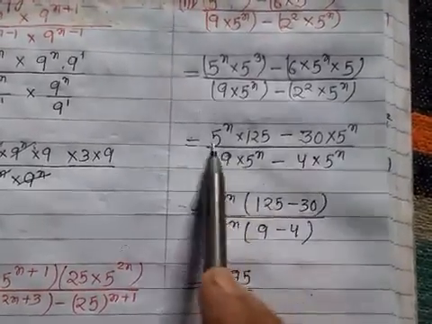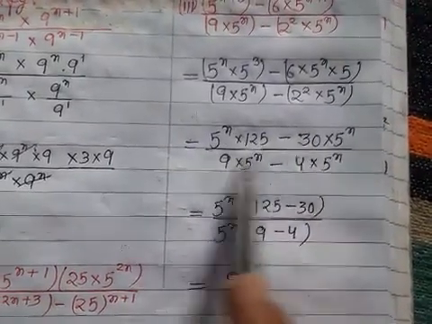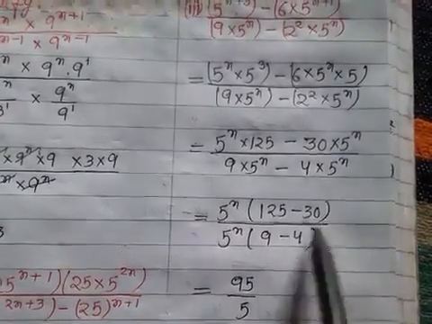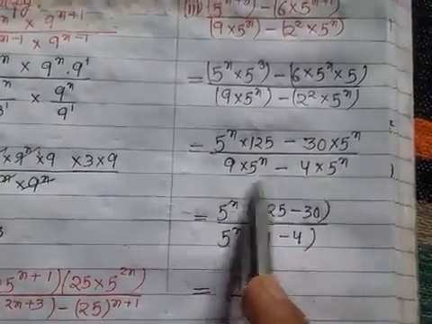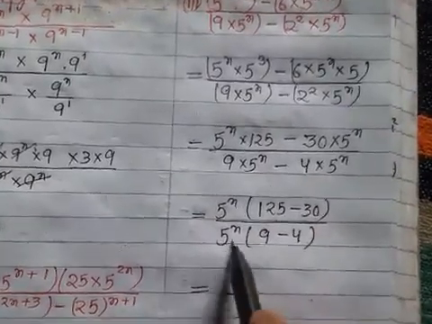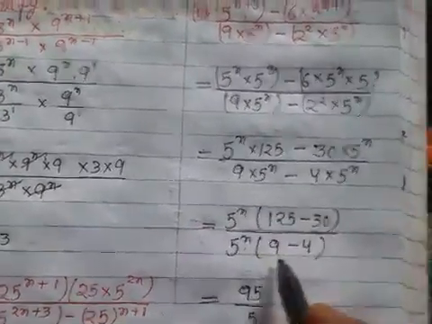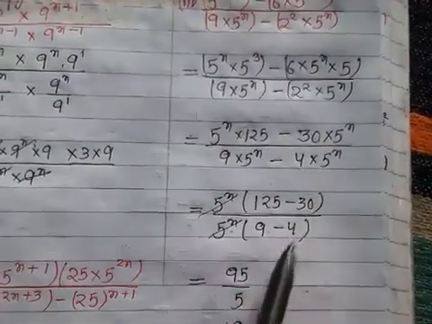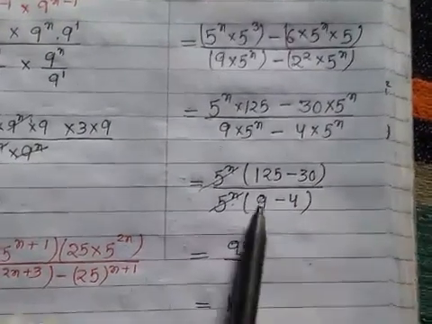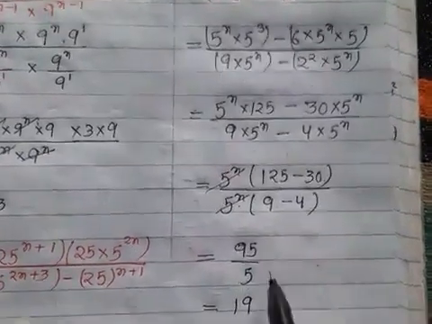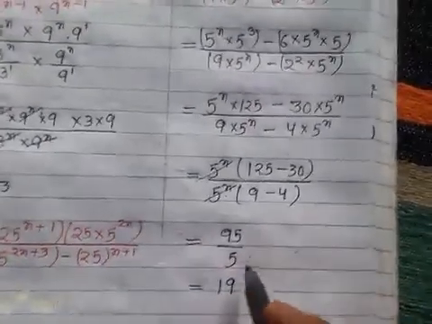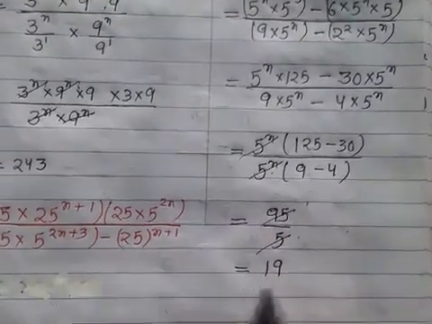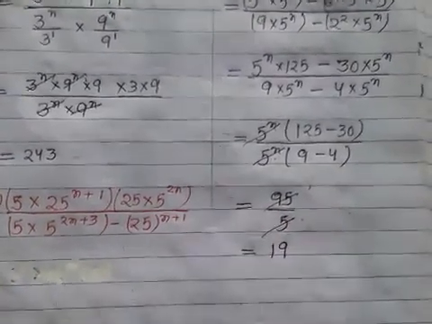Now we take 5 to the power n common in the numerator, we get 125 minus 30, and also in the denominator, when we take 5 to the power n common, we get 9 minus 4, so we cancel 5 to the power n. 125 minus 30 is 95, and 9 minus 4 is 5, so we cancel it, 19 times.